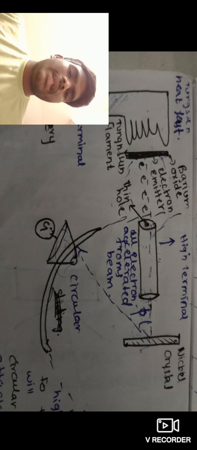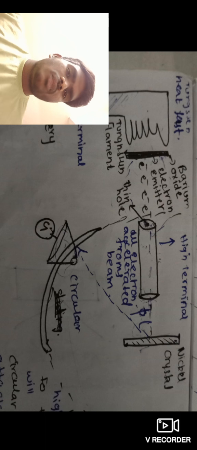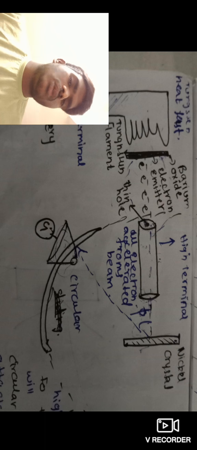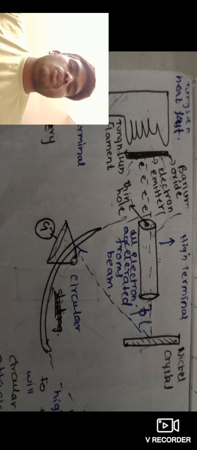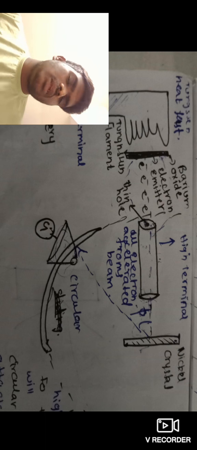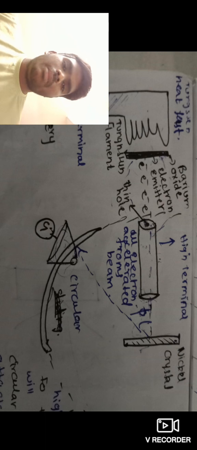I connected a low terminal battery to the tungsten filament, so it produces heat, and heats fast. The heat is coming out of the tungsten, and I put barium oxide on that filament, which is an electron emitter. It will release electrons with that heat.